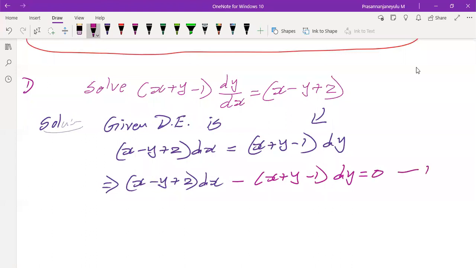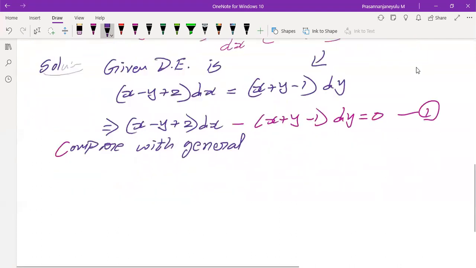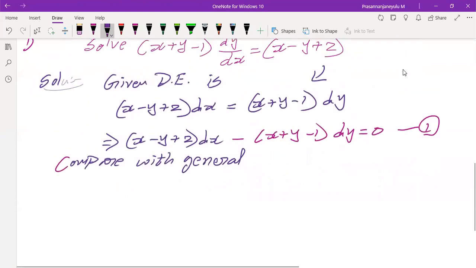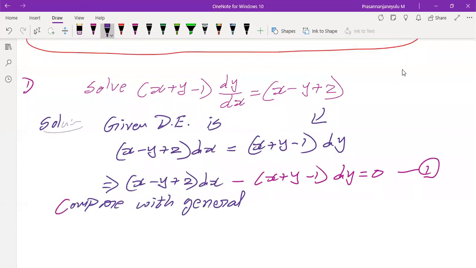Taking this as equation number 1. It is in the form of M dx plus N dy. Compare with the general form of exact differential equation. This is the first problem I'm discussing, so I'm writing each and every step. General form of exact DE.